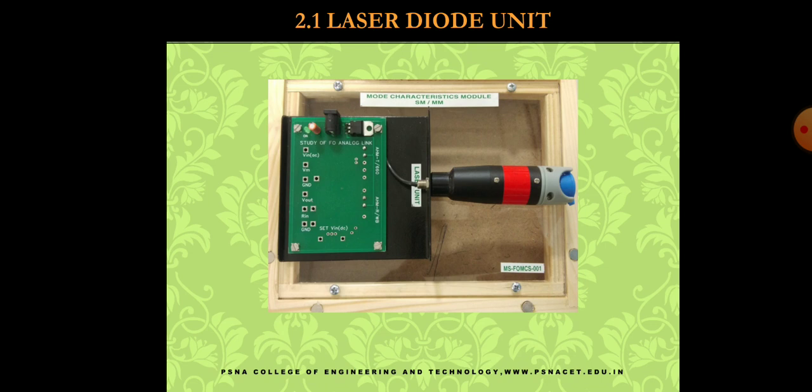As the coupled power into the 9/125 single mode fiber will be very small, the lighting in the room may have to be dimmed to observe the pattern with clarity. An external 9 volt DC, 500 milliamp power supply is required to operate these devices.